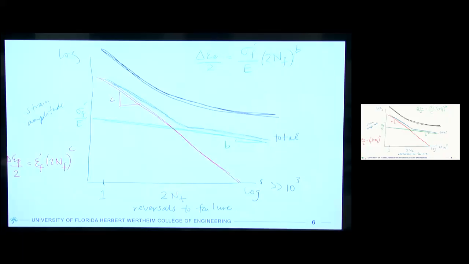If you want to think a little bit more physically about what is happening at these different locations, you can think of the high strain amplitude toward the left side of the plot as being like, if this is our stress strain curve, really big hysteresis loops like this, because every time we reverse, we have a lot of plastic strain going on.